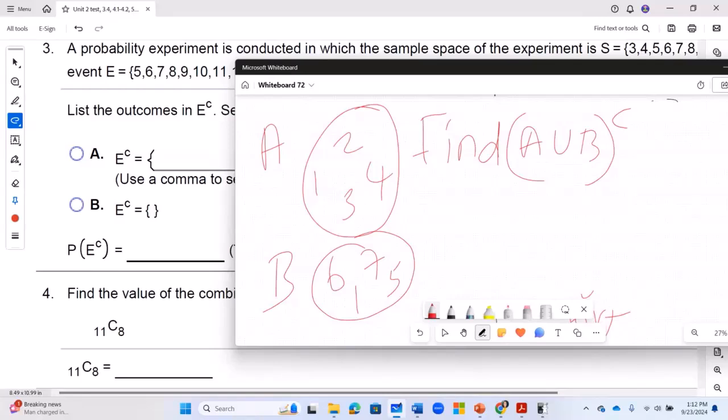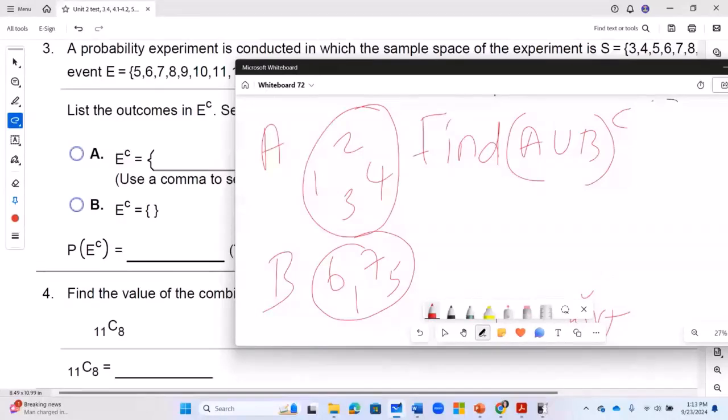I'll find A union B first. The complement is the things that are not in A or B. But I haven't even defined the universal set, and if I don't define it, you will not know what to say.